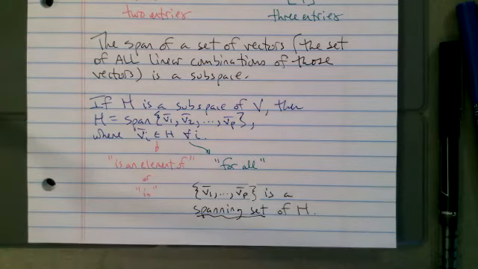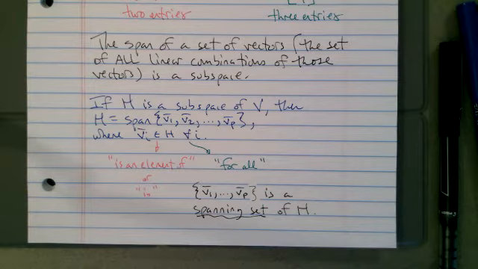When we use it as a verb, the set of vectors spans the vector space. The set of vectors is the thing that does the spanning. We say the set of vectors spans the subspace. The subspace is spanned by the set of vectors.